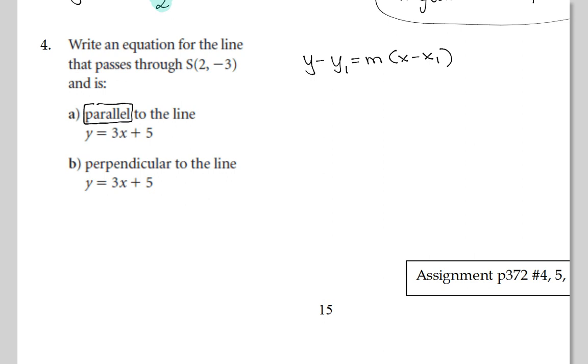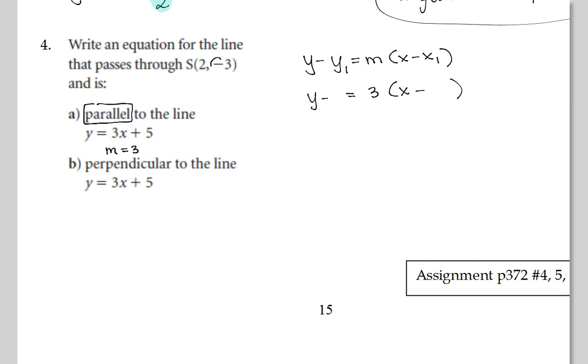Parallel. So what is the slope of this line here? 3 over 1. Good. So I can sub in here. Where I see the m, I can put a 3. So I've placed everything except for the 2 points. Notice I have the minuses in there. I got the brackets in there.